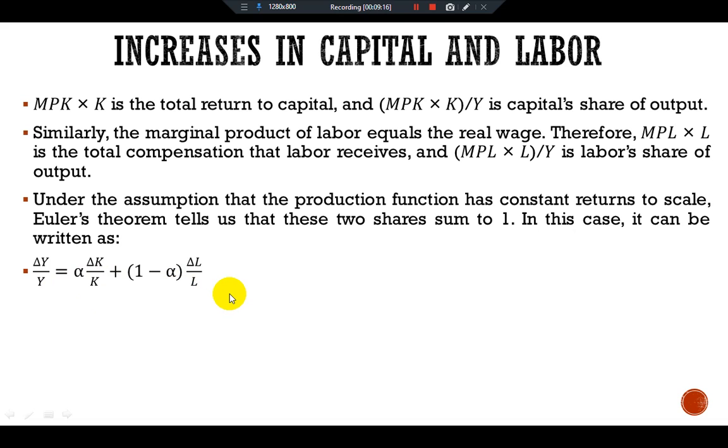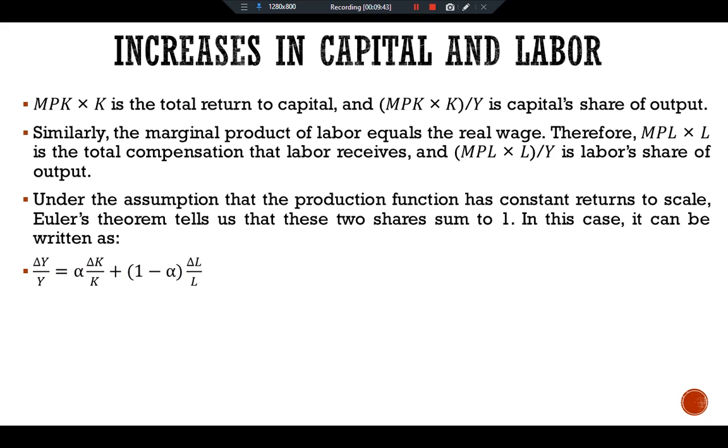This equation gives us a simple formula for showing how changes in output occur due to changes in input. It shows in particular that we weight the growth rate of inputs by the factor shares.